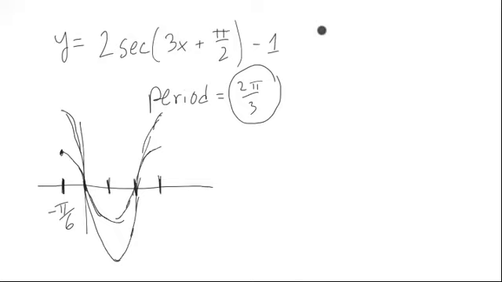Okay, so we're going to end up having from negative pi 6. Oh, okay, yeah, and maybe I'll change my scale a little bit here.